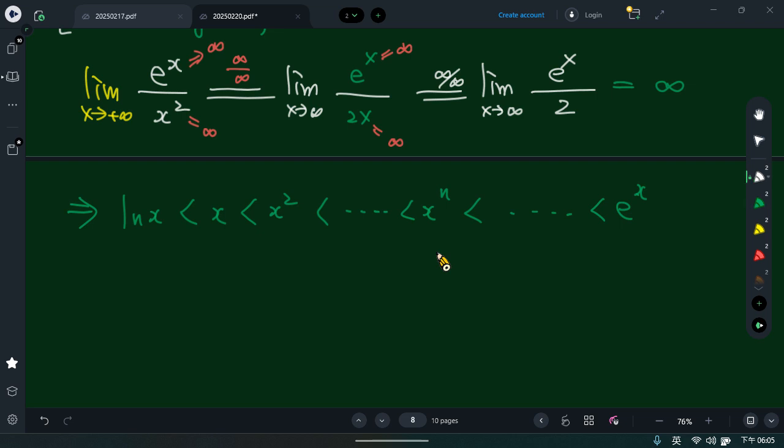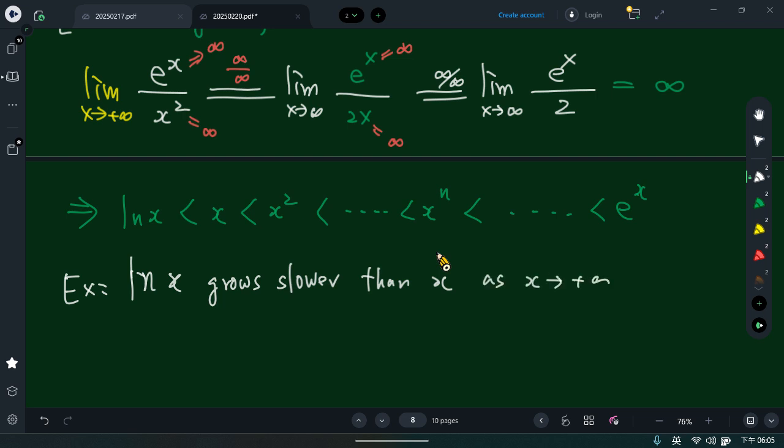Okay, so I will show you another example. We will show that ln(x) grows slower than x as x is approaching positive infinity.